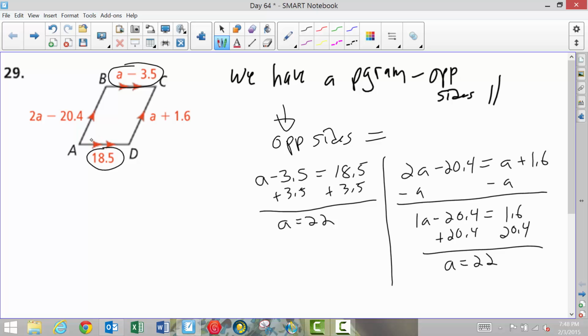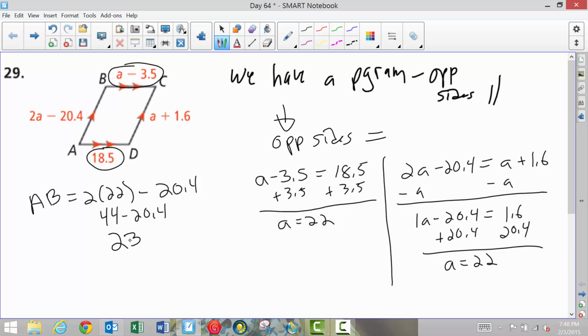So since I have a, if I want AB, AB is going to be 2 times 22 minus 20.4. So that's 44 minus 20.4. So if I have 44 minus 20.4, what do we get?